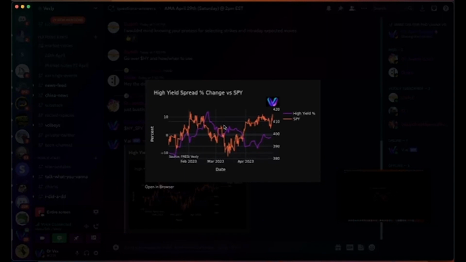People are still trying to trade off the bond correlation, i.e. treasuries going up in terms of yield is negative and treasury yields going down is a positive and so on. But high yield is also showing you already that the correlation is starting to change. It's not the same as it was prior.